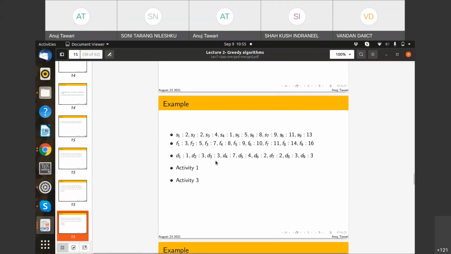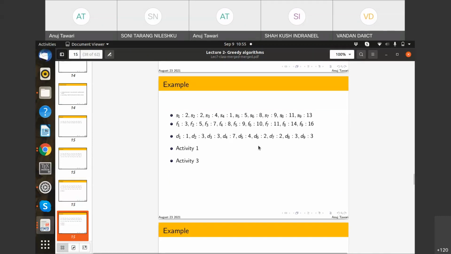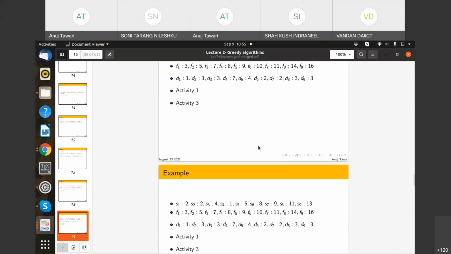What is the next you will pick? Activity 4, again, there is a conflict. This is from 1 to 8, 2 to 3. Activity 5, you can't pick because this is from 5 to 9, and this is from 4 to 7. So you have to pick activity 6 next, 8 to 10. There is no conflict with anybody else.